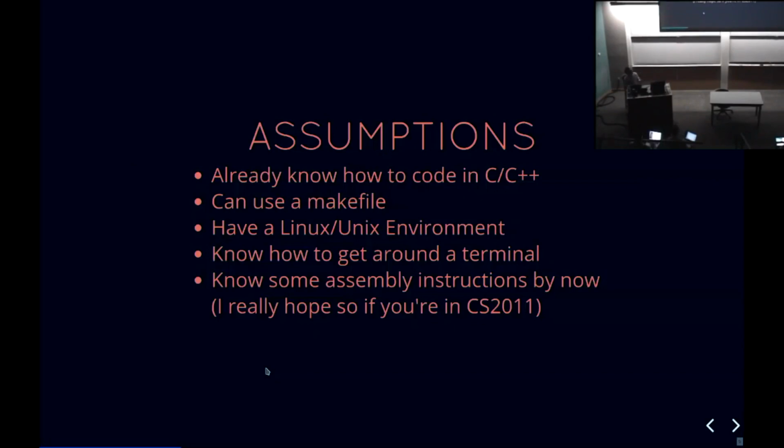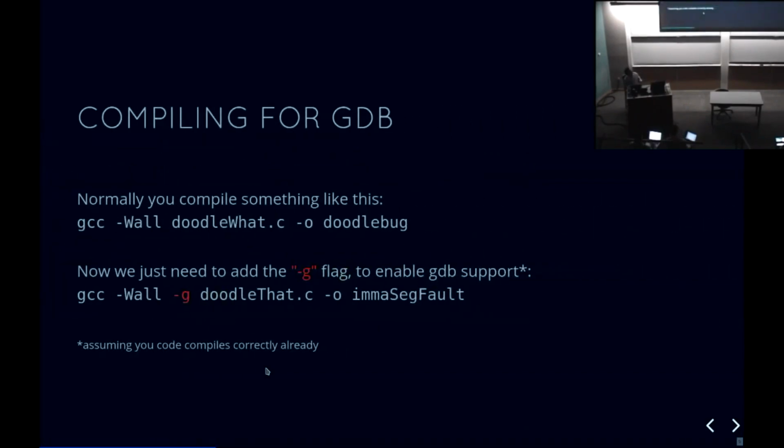So, yes. First things first, you can't just use GDB on any program. It has to be a program that has been set up beforehand so that GDB can use it. Usually when you compile your code, you type something like gcc -Wall doodle-that.c -o doodlebug, and that'll compile your program normally, assuming that you don't have any errors in it.